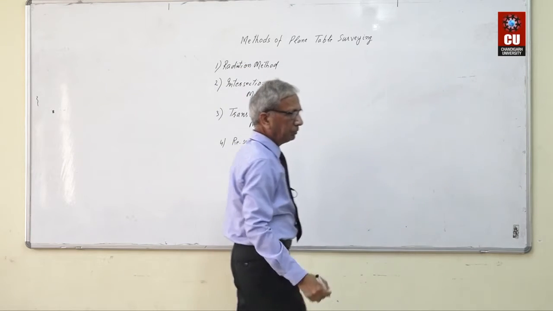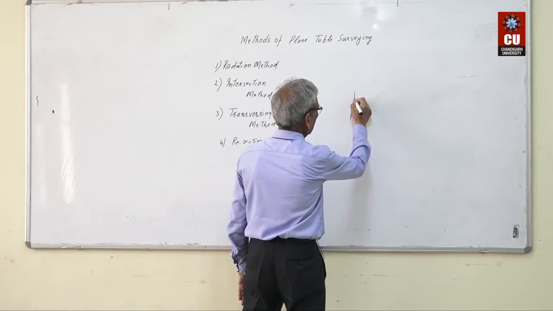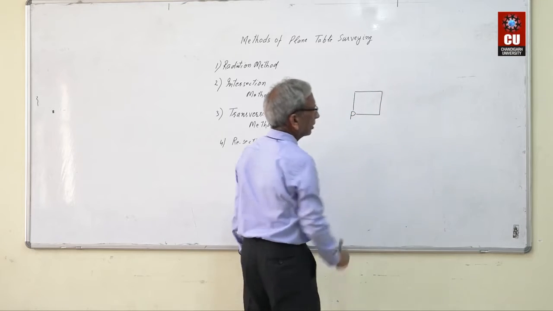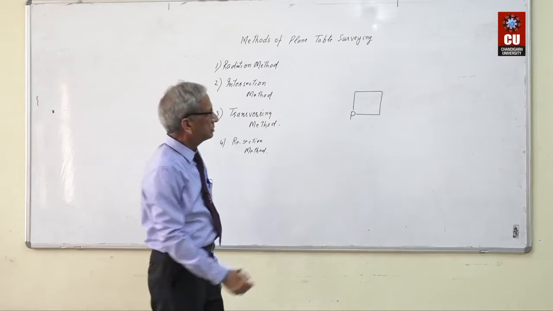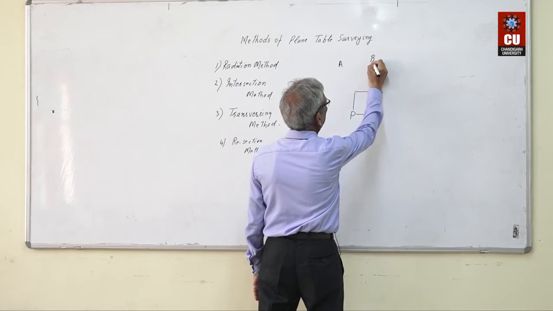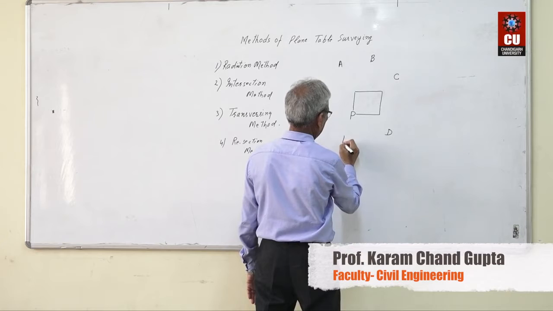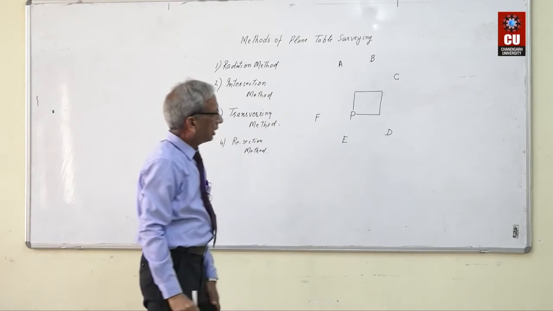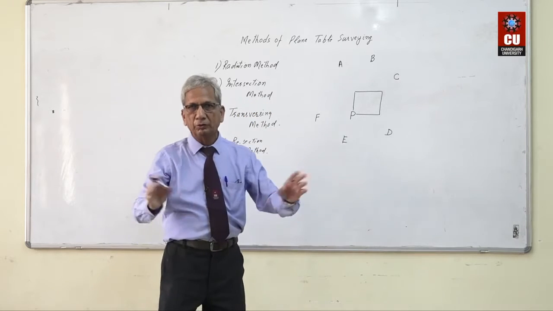We will fix our plane table at point P. And we have to draw various stations, various points A, B, C, D, E, F. How to draw the position of these points A, B, C, D, E, F on the drawing sheet?